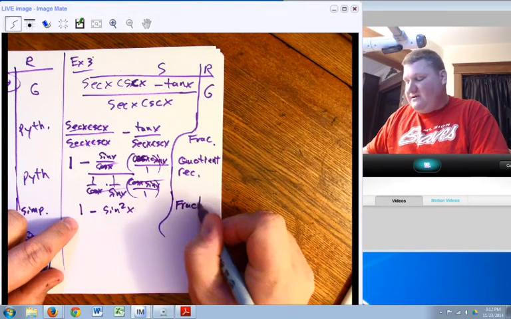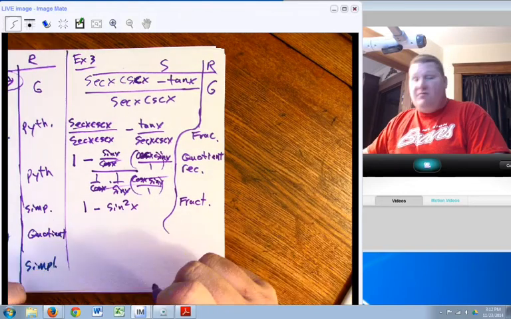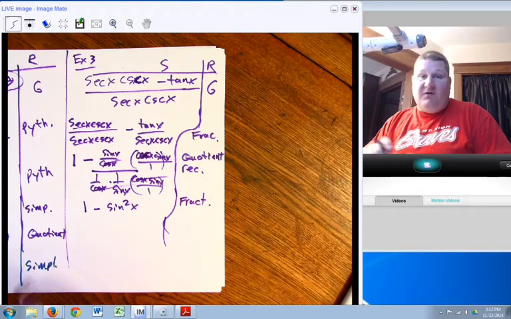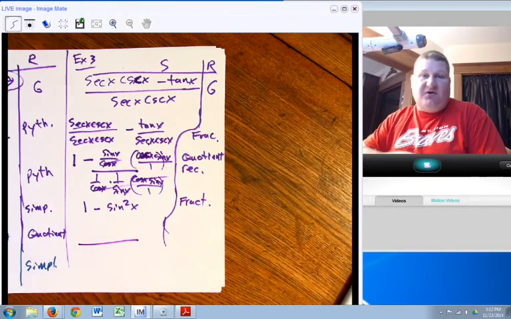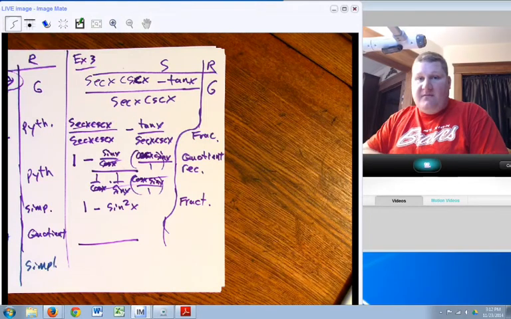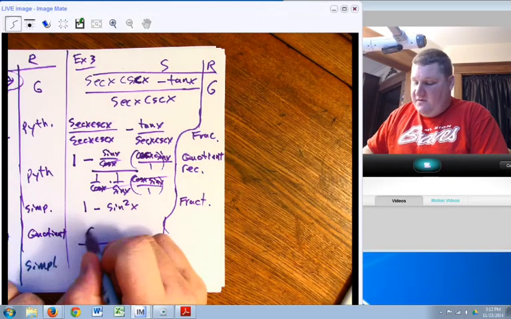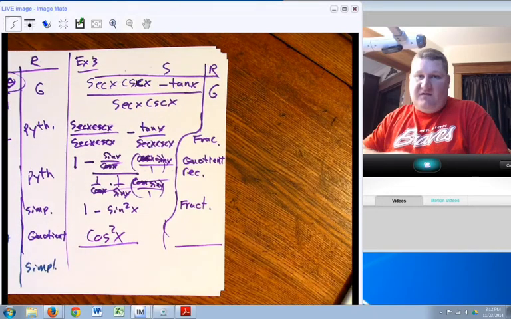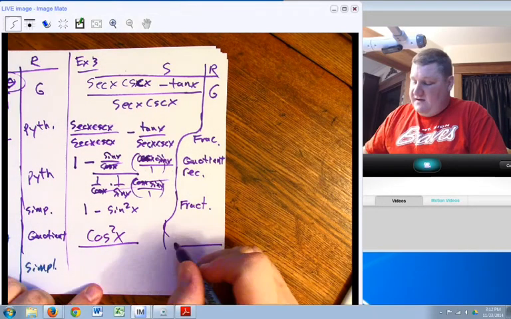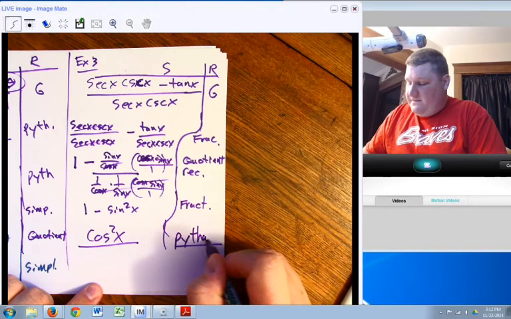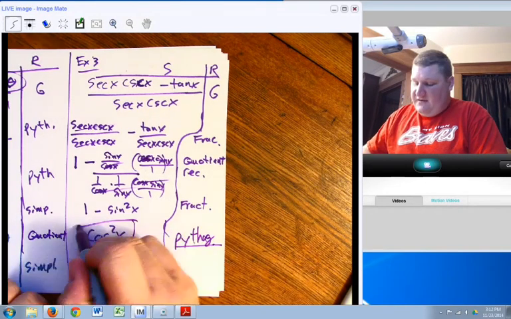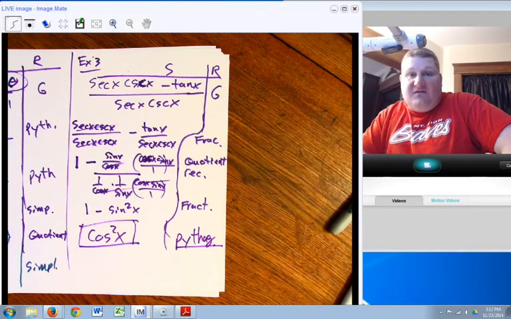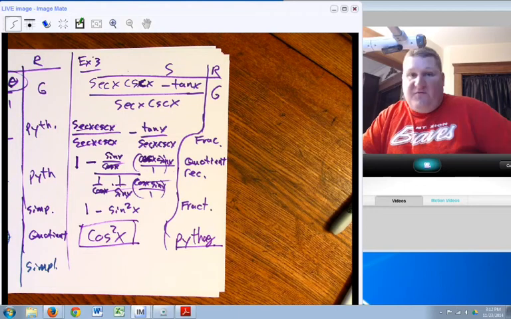You could call it simplifying fractions, multiplying by reciprocal, either one of those you want. At this point, I want you to tell me what is the step that goes right here. And that is going to be cosine squared x. And now I need you to give me a reason. It is Pythagorean theorem. And that's about as simple as it gets. So, with that, let's see what we can come up with as we move forward.